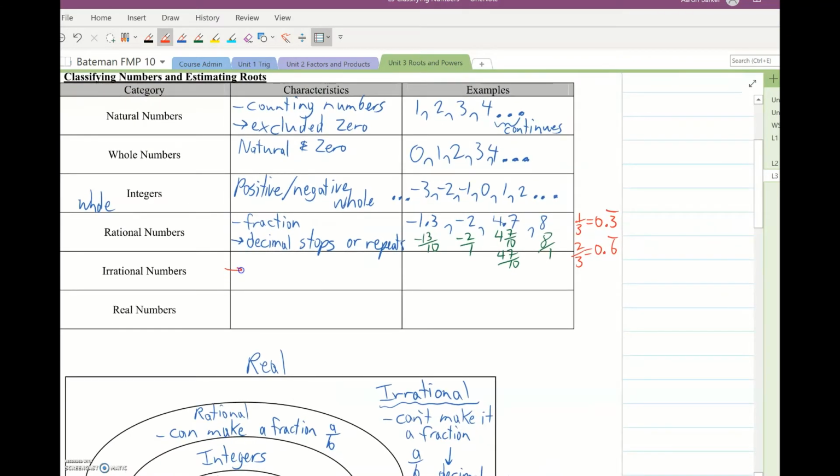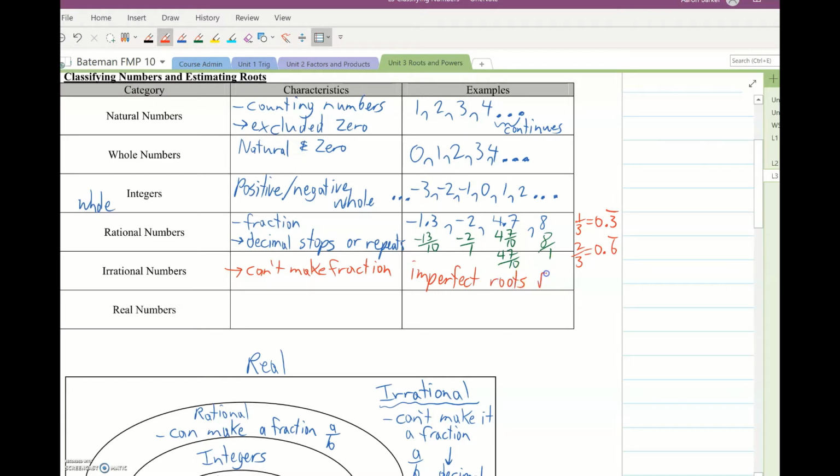Irrational numbers, you can't make into a fraction. That's going to be something like imperfect roots.